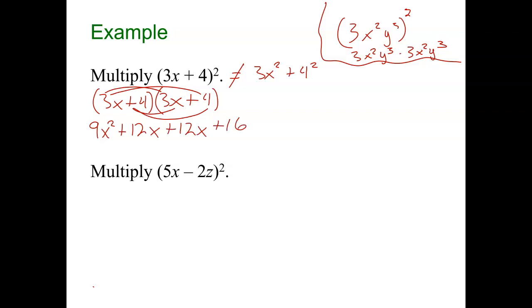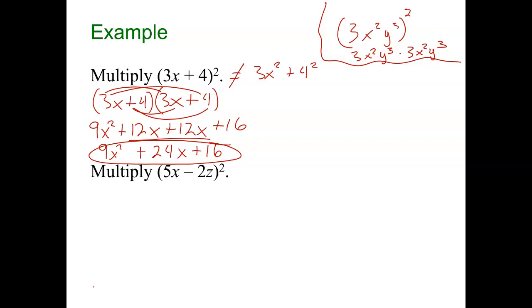If you distribute the squared, you're missing those middle two terms, which will simplify and combine. What's 12x plus 12x? 24x. So 9x squared plus 24x plus 16. Star it, highlight it, circle it on your notes, something.